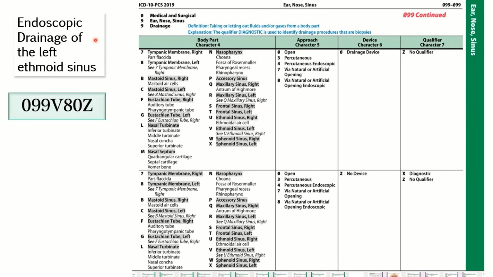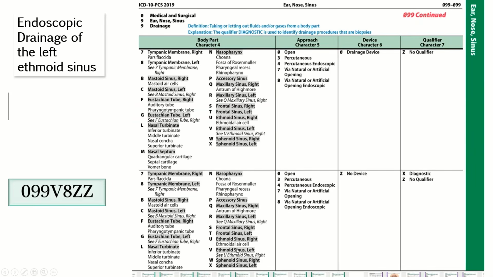So I took another look and I realized that there's another part of this table down below it. You see the same characters. Look at this. And our code will be 099V8ZZ.